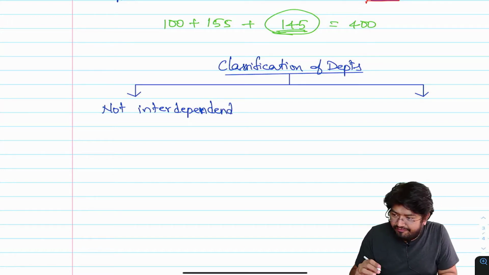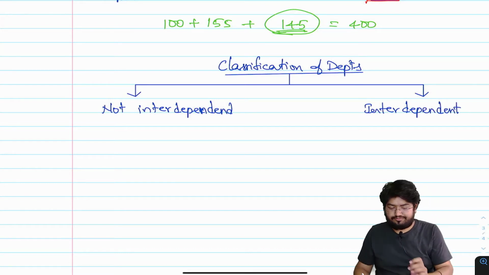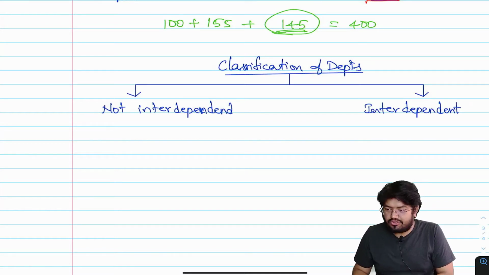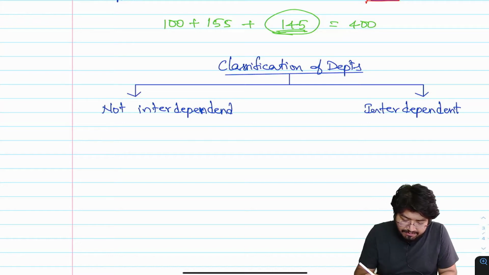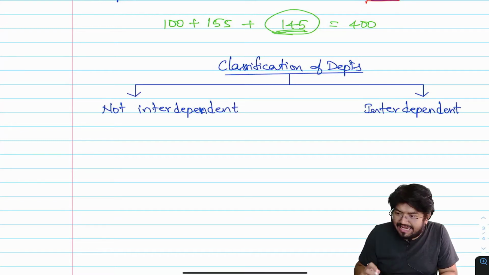Second is where departments are interdependent. Now, within this, not interdependent departments can be further classified into two.